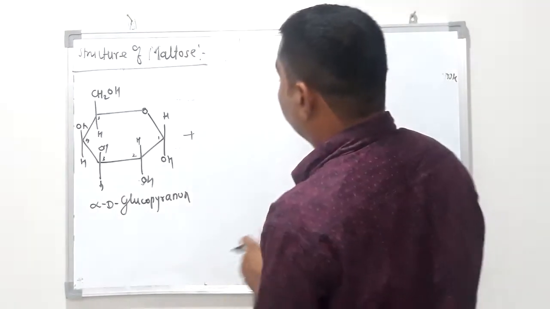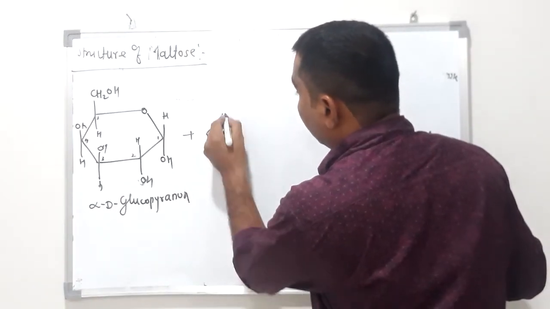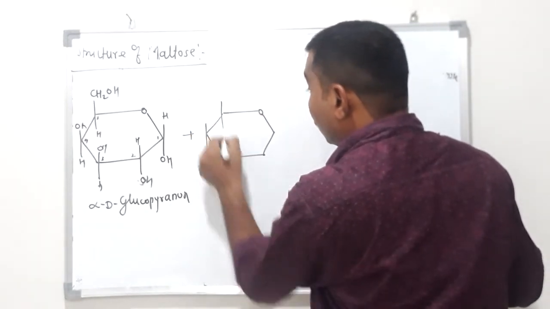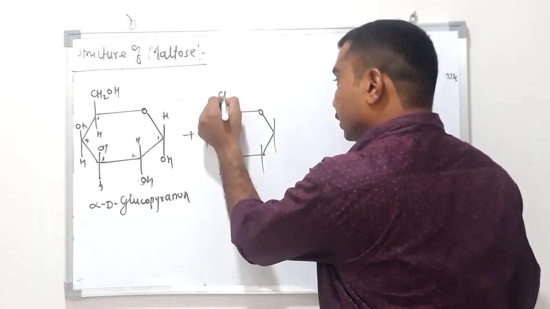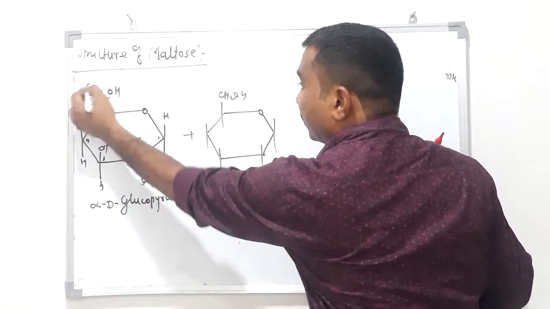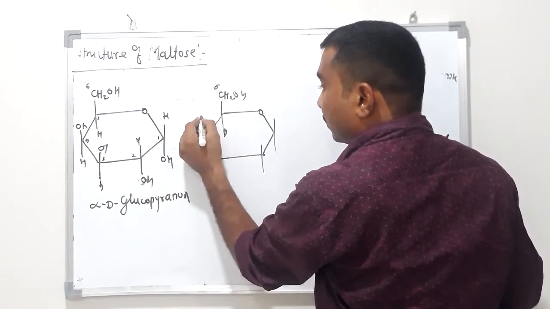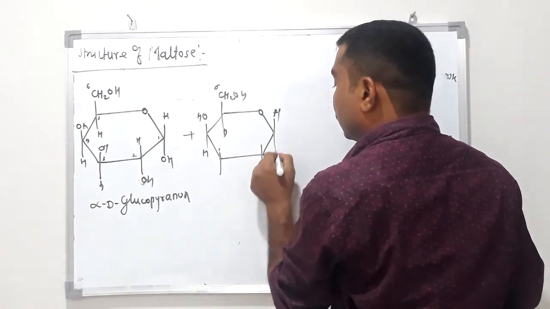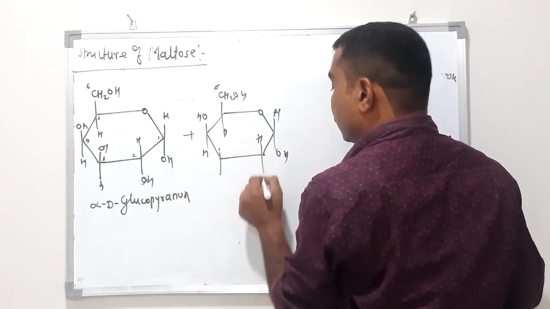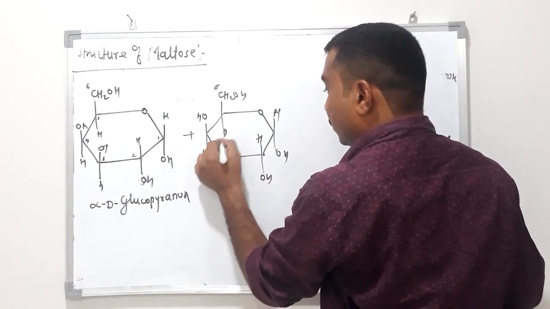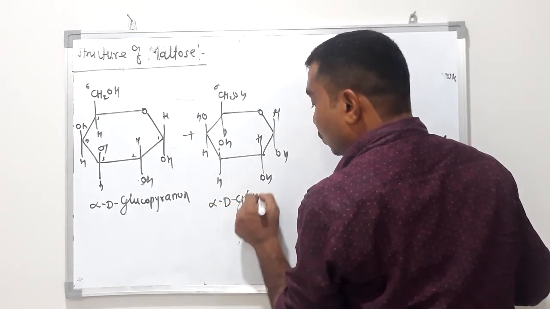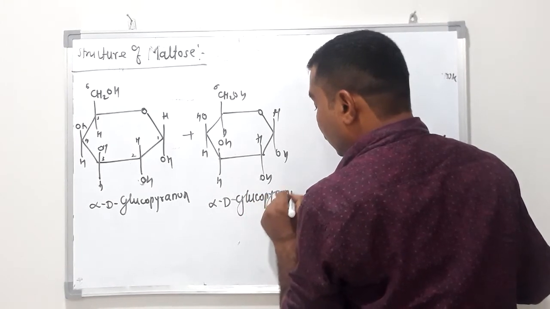Plus carbon number 4 of the second alpha D glucopyranose. Similarly, CH2OH, this is carbon number 6, with H, OH, H, H, OH, H, OH, OH, H. This is alpha D glucopyranose.